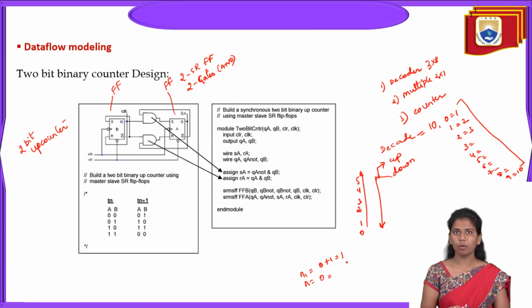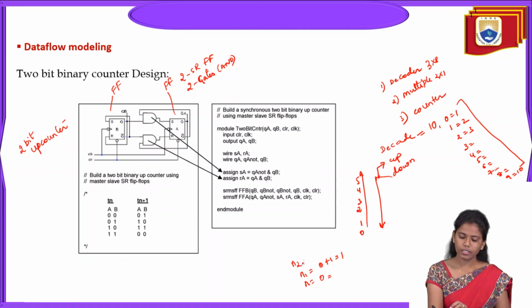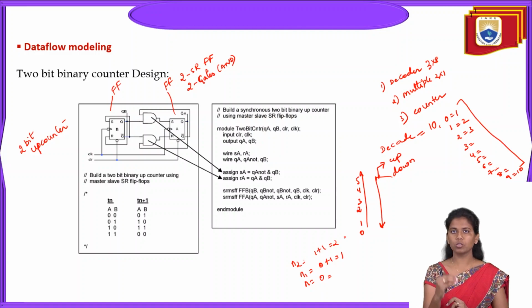So how much is it? 1. And n2 is 1 plus 1, it is 2. So with an increment of 1 bit, we can easily up count by adding 1 bit.